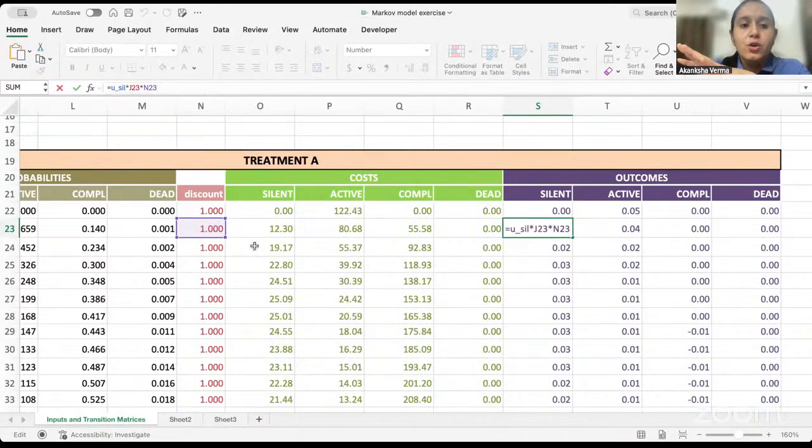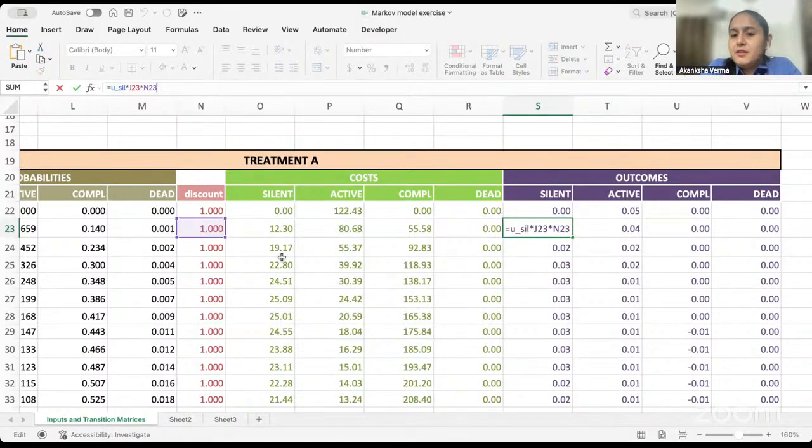Okay, so the utility of your silent patients multiplied by your number of patients multiplied by discounting, because here we are doing the discounted values. Okay, most of the time, we report results without and with discounting both. Okay, with discounting is mandatory, but you do provide results without discounting also. Okay, the formula is the same here.